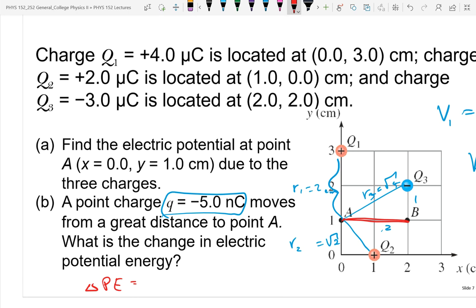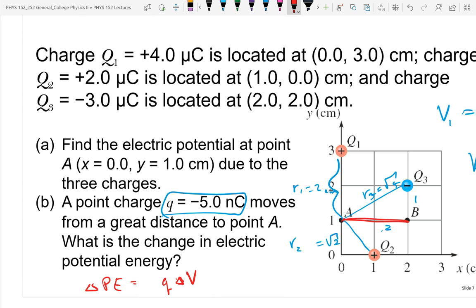Change in potential energy equals? No, not negative. I was wrong when I put the negative. It's Q delta V. So change in potential energy is Q delta V. I just calculated the voltage at point A, so I'll need to calculate the voltage at point B, and then I just say, the charge multiplied by the change in voltage is my change in potential energy. So I go through the same process of calculating the V, get the difference.